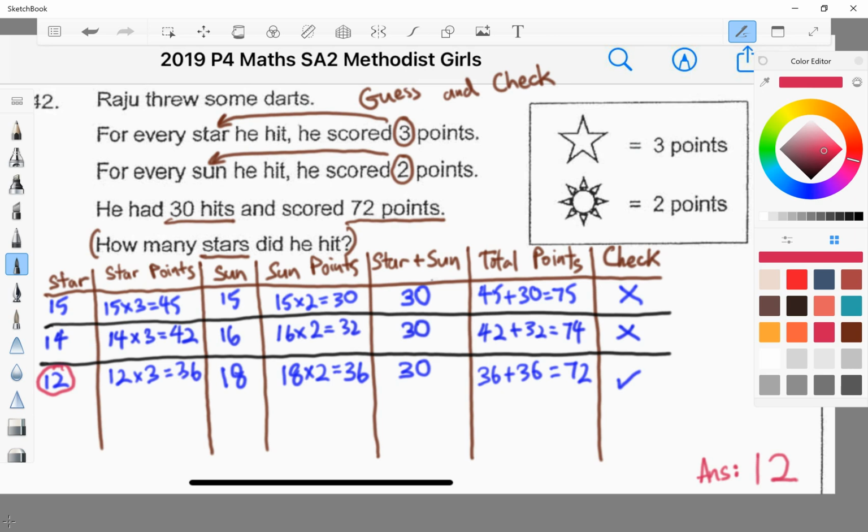Once you get to this stage, you can be very happy that you have managed to find the correct answer. So be very careful. If they are asking you for stars, which is 12, do not give them the answer for the sun, because if that happens, you will lose your 1 answer mark, which is extremely precious to you.